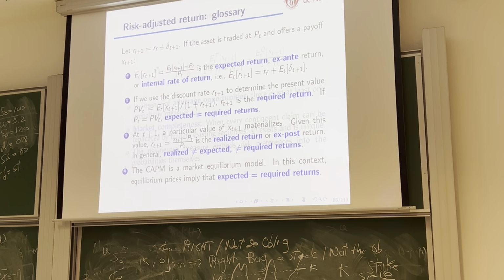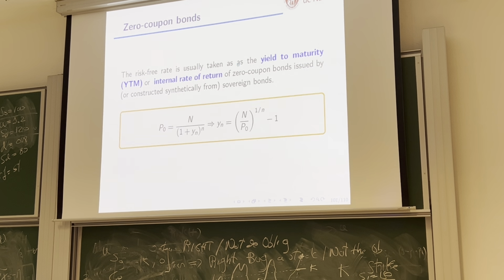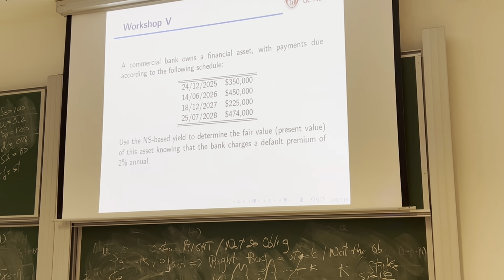I want to use the standard approach, and I'm going to present something that everyone does every day. So imagine that you have a contract. Someone says, I'm going to pay you, the bank, according to a calendar, those payments: 350,000, 550,000, and so on, in this particular calendar. Now, how much is this worth today?